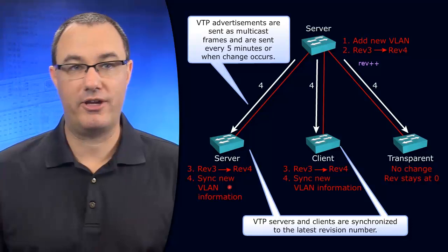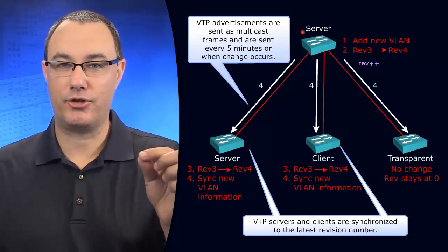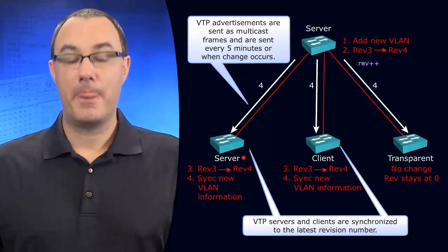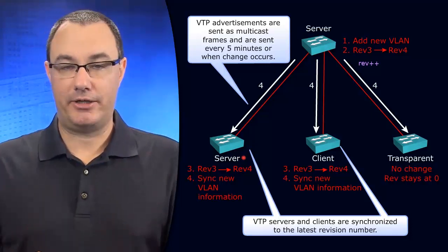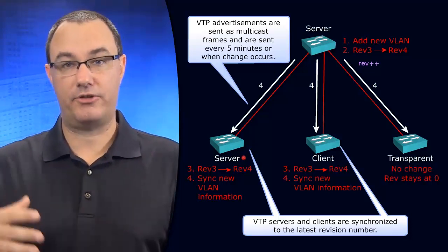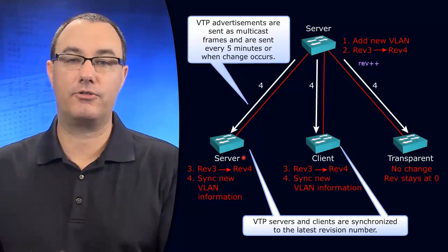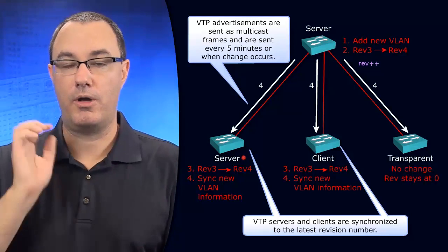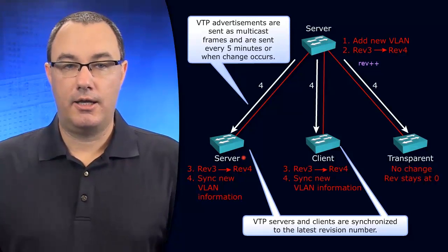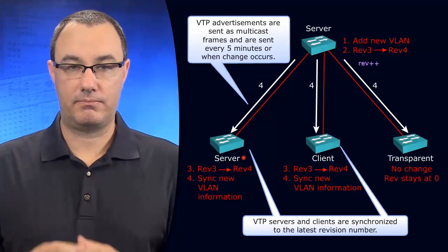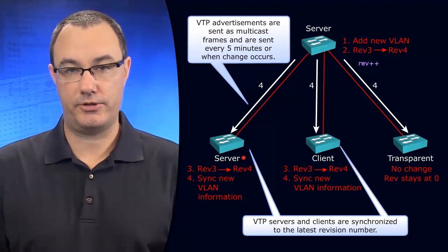Now notice that we made a change on a server and another server gobbled that up. Get it out of your head if you have it in there. I know from past experience that a lot of students say, oh, you can only have one server, and servers don't listen to other servers. No, no, no. In fact, there are really only 2 fundamental differences between servers and client mode switches.